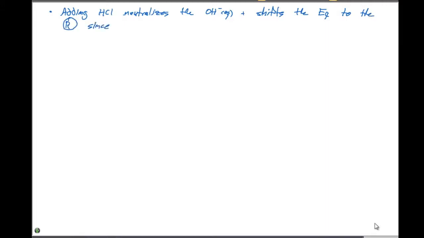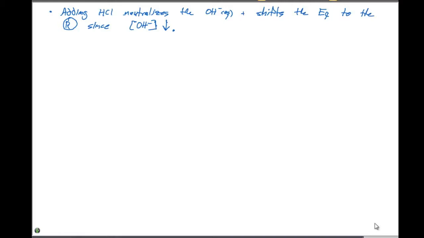What we can say is that adding HCl neutralizes the OH- ions in solution and shifts the equilibrium to the right, since the concentration of OH- has dropped.